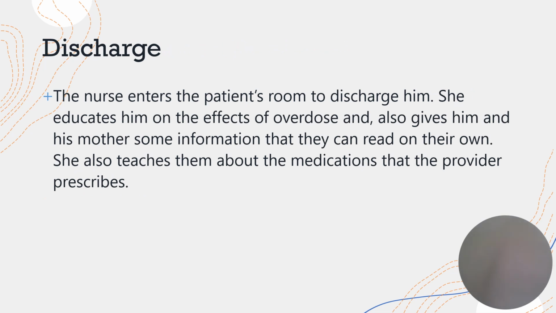It's time to discharge Mr. Shea. The nurse goes to his room and she educates him on the effects of overdose and also gives him and his mother some information that they can read about on their own. She also teaches them about the medications that the provider has prescribed, the antibiotics he needs to take, the whole regimen, and don't stop because he's starting to feel better.